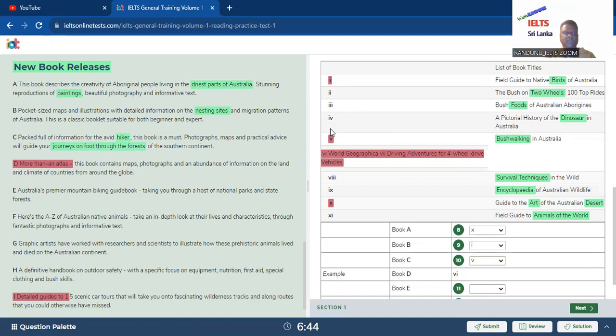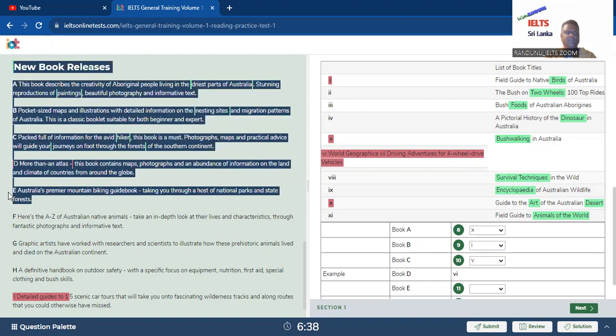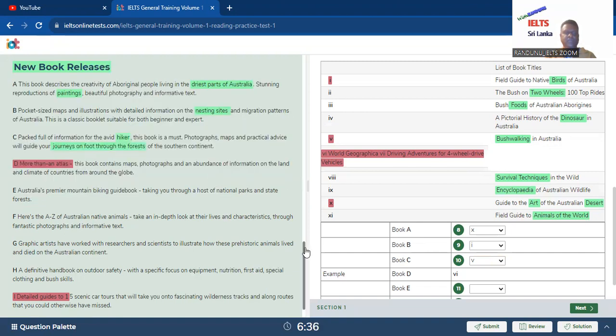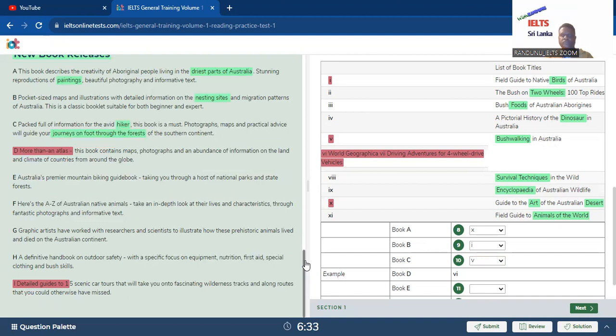It's done. Next one, D, no need to do because it has been already done. E, can you try E now? E, answer is 2.